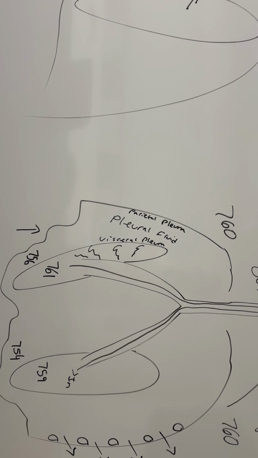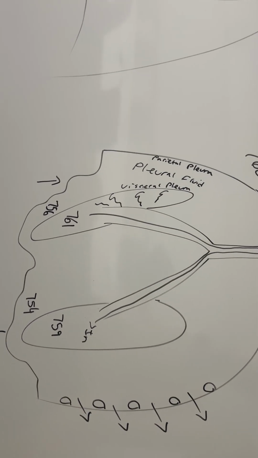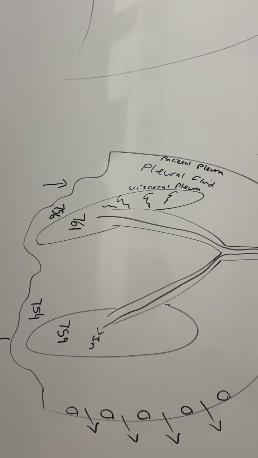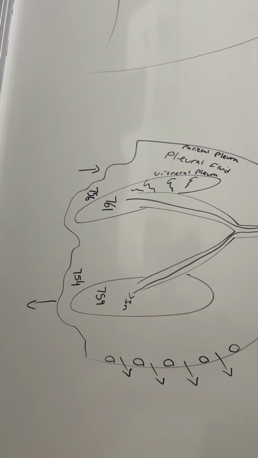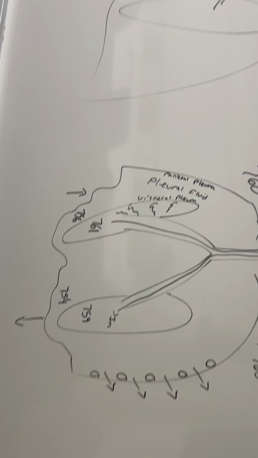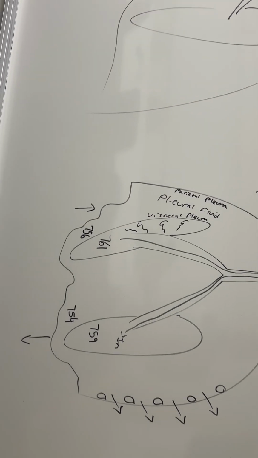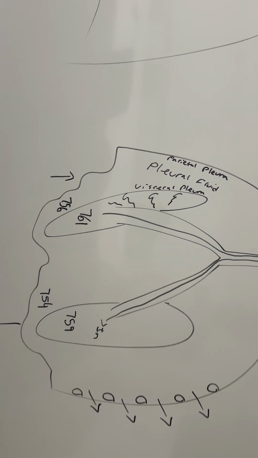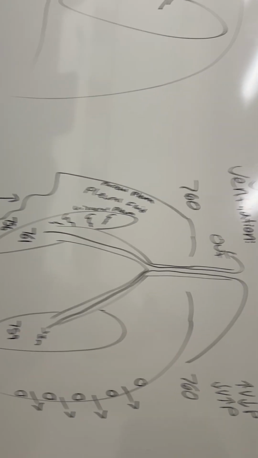So on normal exhalation, most of our increased pressure and decreased volume in the lung is going to be caused by that elasticity. Since we're decreasing in volume because of elasticity, we're going to increase pressure. And our pressure in the lung is going to be greater than our atmospheric pressure. So we're going to breathe out.